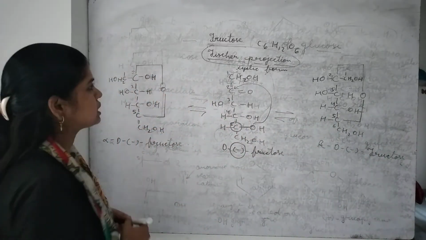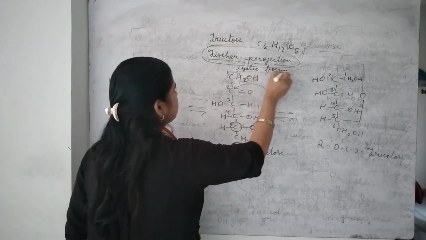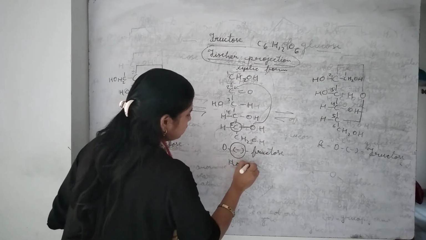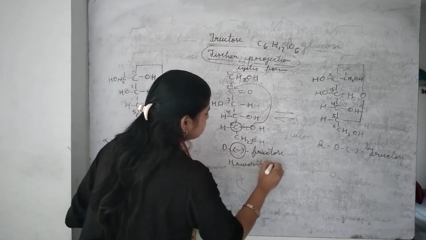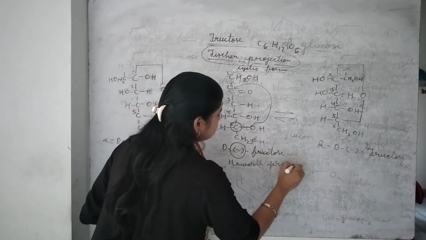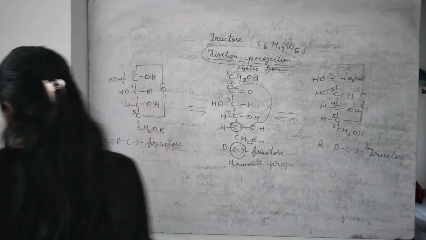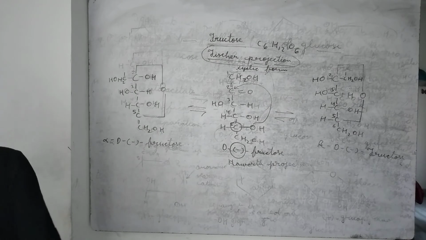Now I'll discuss its Haworth projection. It was the cyclic form; now the Haworth projection. So here we are observing what?